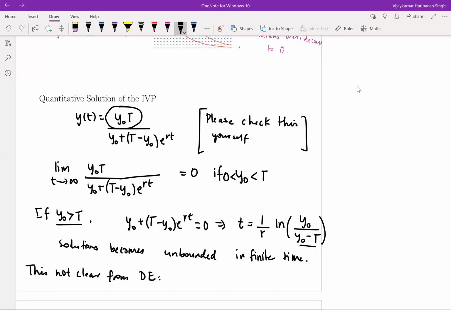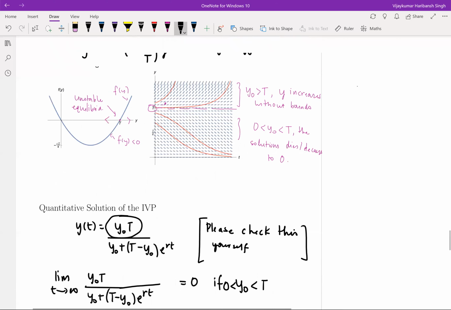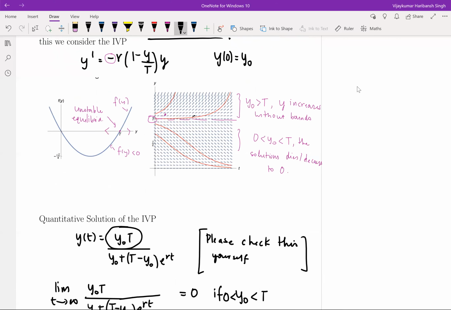We needed to see the solution for this. However, you could have made that prediction that it's blowing up here, right? It's going to infinity.